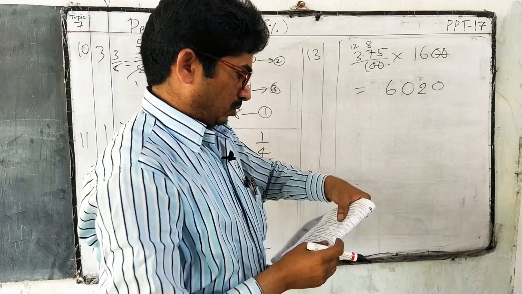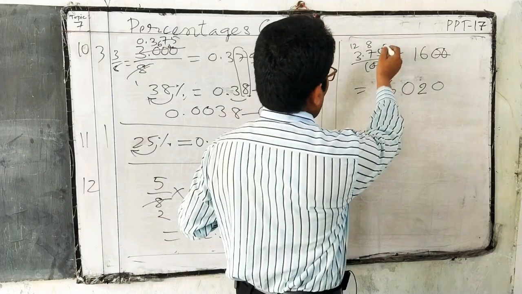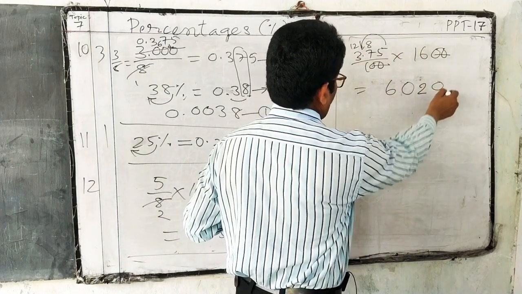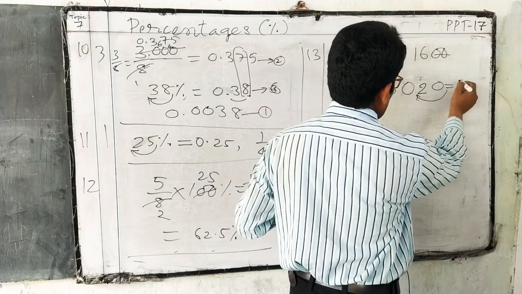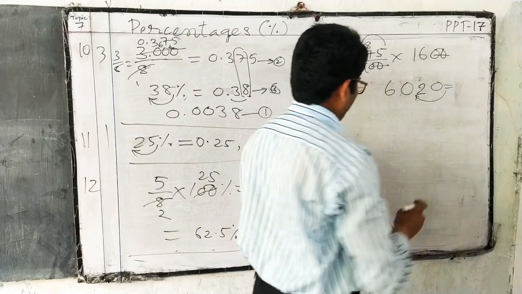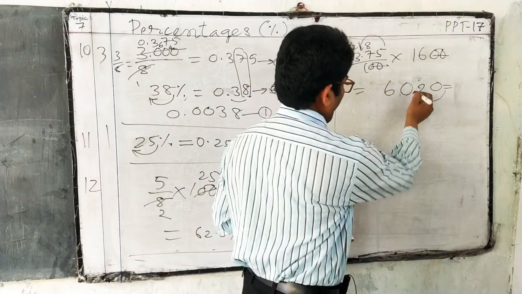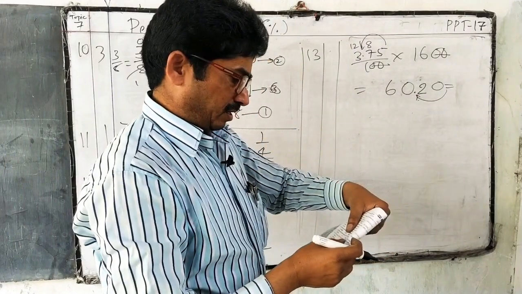60. So we have to keep two decimal places, 60.00. What is the correct option?